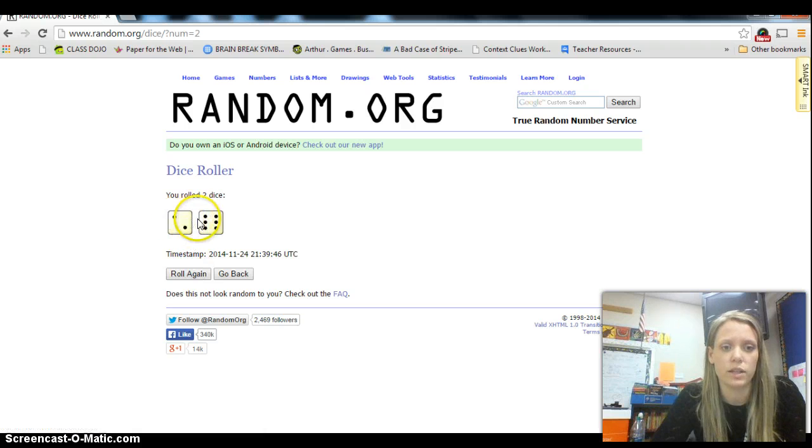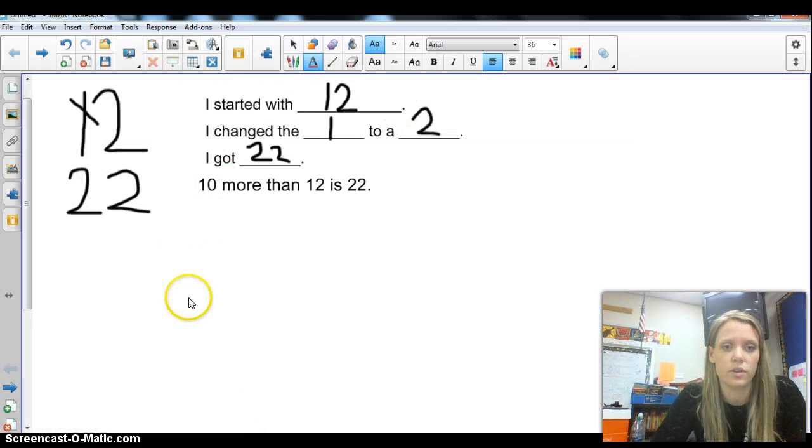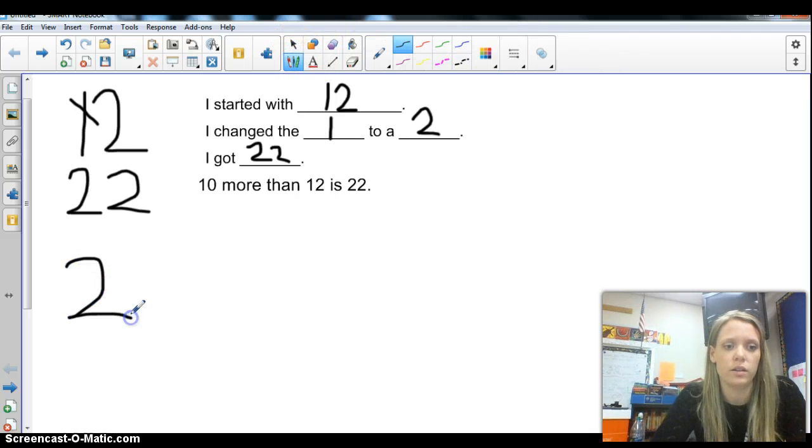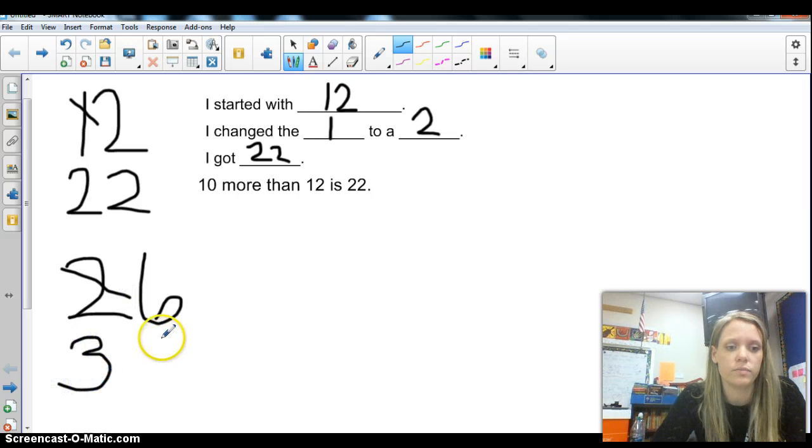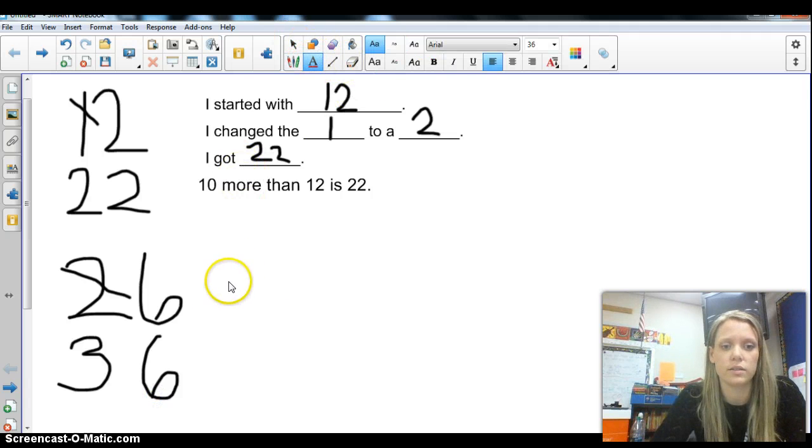And now I have the number 26. So going back to my math journal, I'm going to write the number 26, and I'm going to find 10 more than 26. So I want to cross out the 2 and change it to a 3. 6 stays the same. 10 more than 26 is 36.